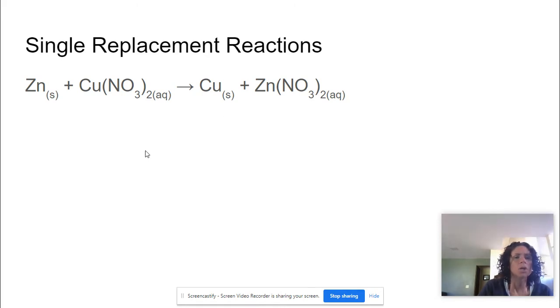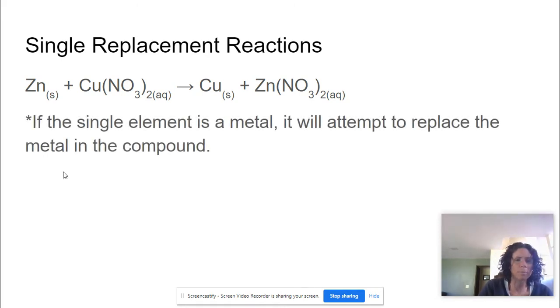Okay. So a couple things to keep in mind. First of all, if the single element is a metal, it will be attempting to replace the metal in the compound. So for example, our single element is zinc. Zinc is a metal. This metal will try to replace the metal in this compound.